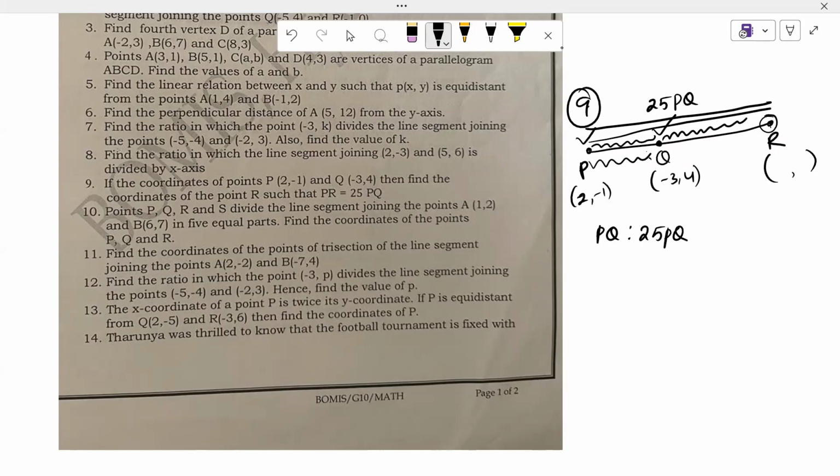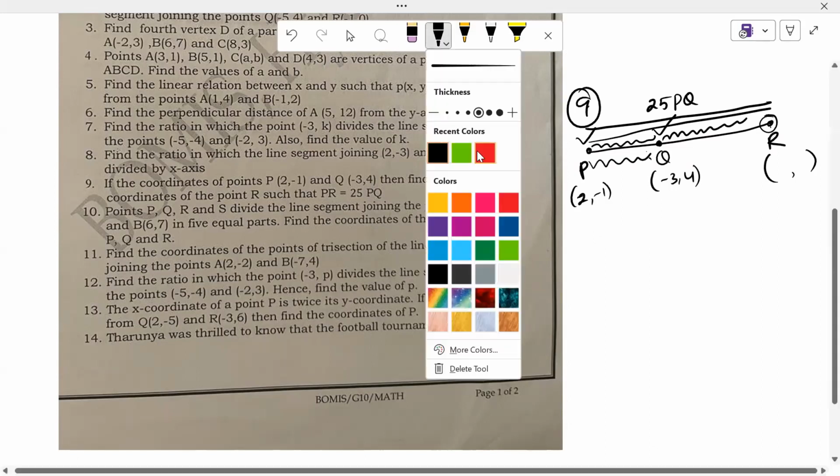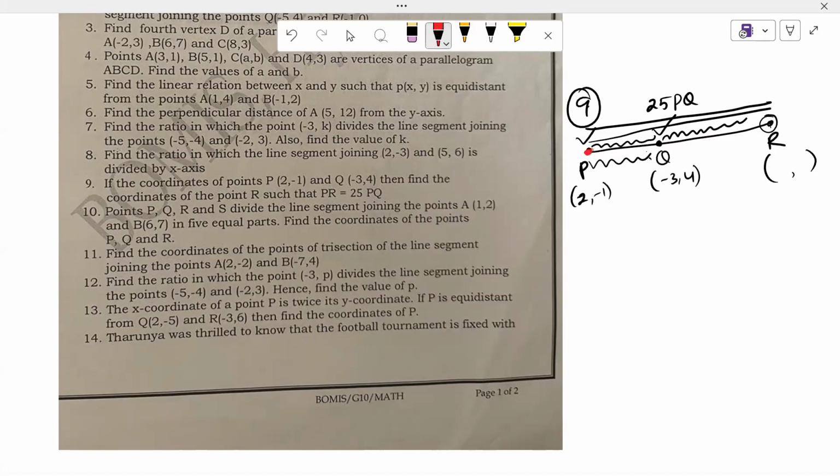Suppose you think like this. From P to R, the total thing is 25 parts, and PQ is 1 part. Suppose you take PQ equal to 1 part, then 25 PQ means it is 25 parts.